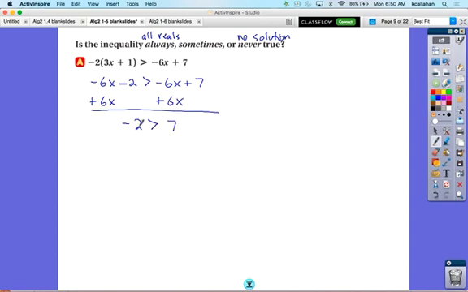So what we've got now does not include a variable. So our original inequality is either going to be always true or never true. It doesn't depend on the variable. Is this true? And the answer is no. Negative 2 is not greater than 7. It's false. So we would say this is never true. No solution.